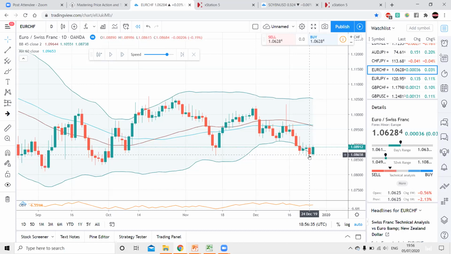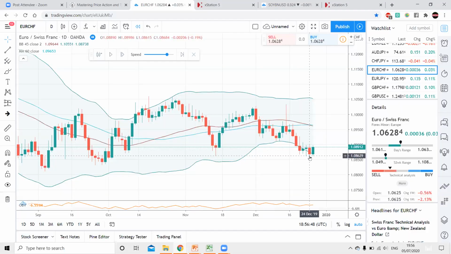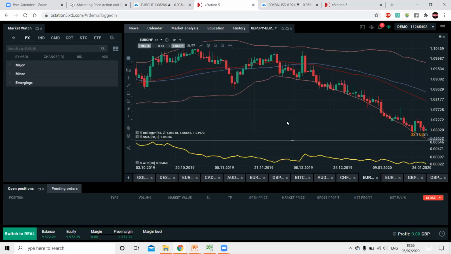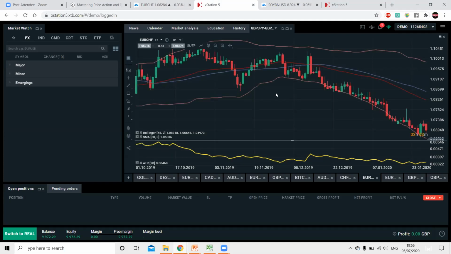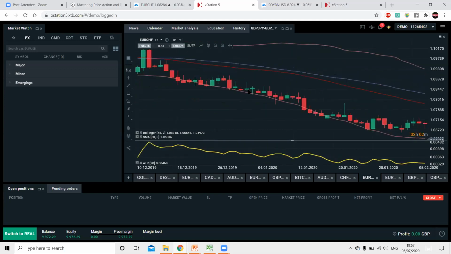So how do we actually enter the trade? So that's where we move on to the broker chart. So using this candle here and looking at the 24th of December, where are we? Here. So let me zoom in a bit.